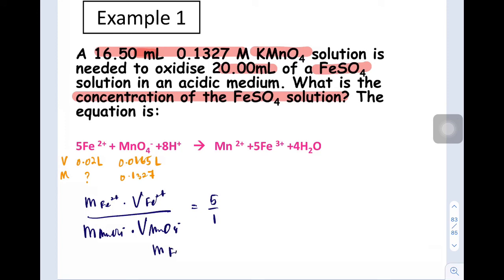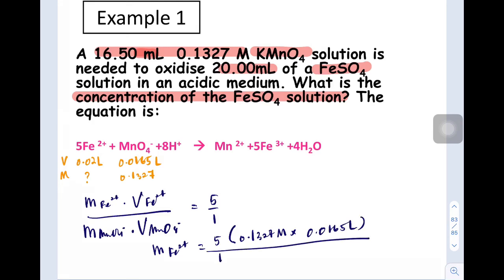So MFe2+ is equal to 5 multiplied by the molarity, 0.1327 molar, multiplied by 0.0165 liter, over 1 multiplied by 0.02 liter.